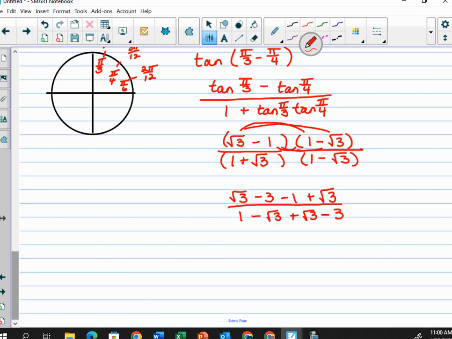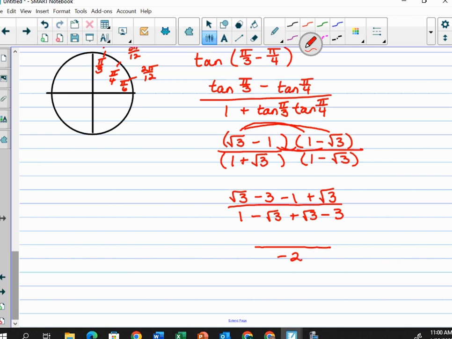What do you notice in the denominator? Root 3 and negative root 3 are going to go away. That's what happens every time with a conjugate. James. Yeah, so your denominator is just 1 minus 3, which is not 4. What is 1 minus 3? Negative 2.